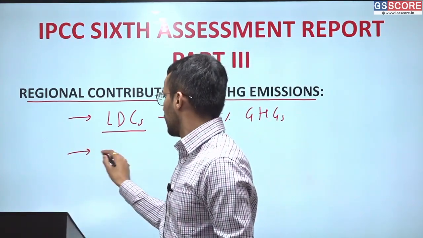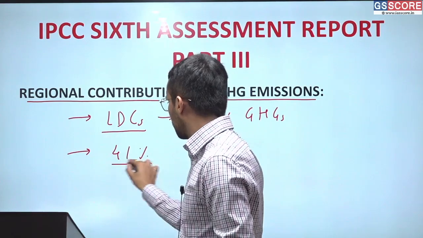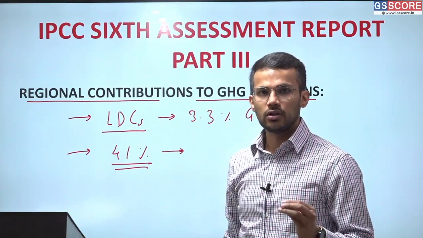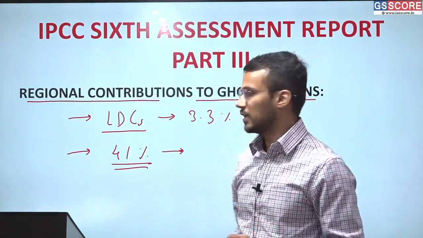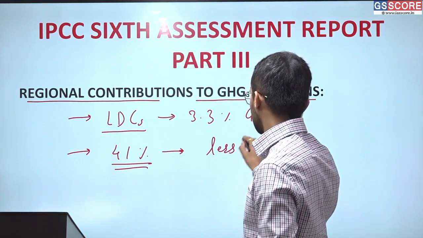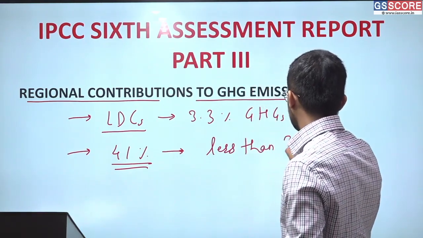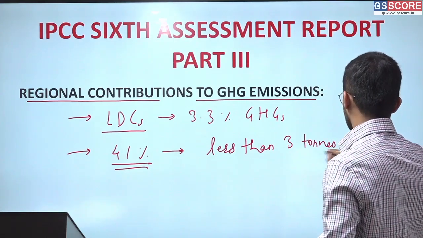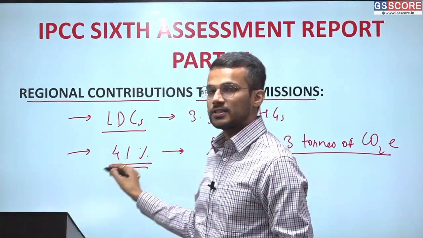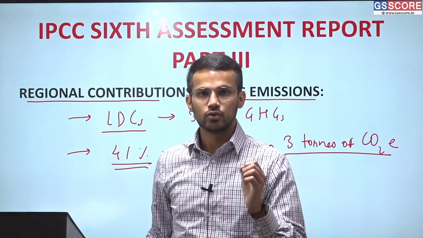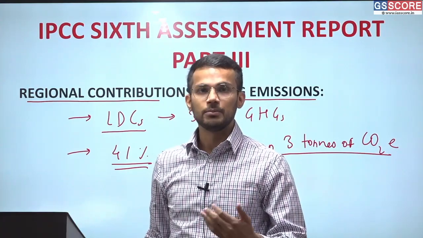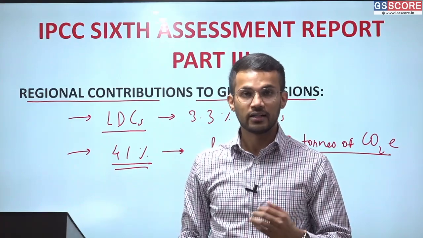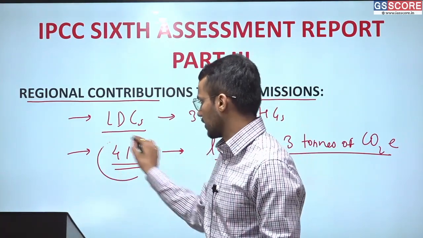Then 41% of the global population is living in those countries where per capita emissions are less than 3 tons of CO2 equivalent. And India is also in this category.